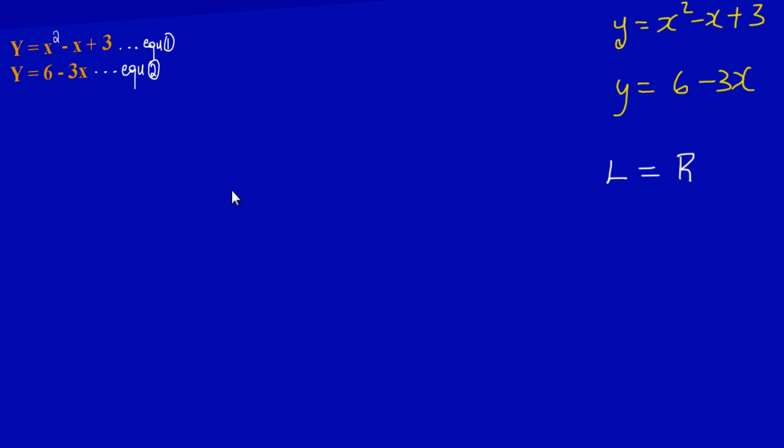Now if you notice, in equation 1 I had y equal to some expression in x, and in equation 2 I also have y equal to some expression in x. Since y is equal to some expression in x in both equations 1 and 2, I could put y on my left hand side, equal to y on my right hand side.